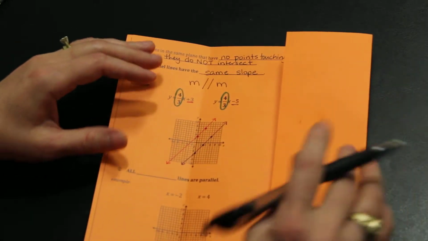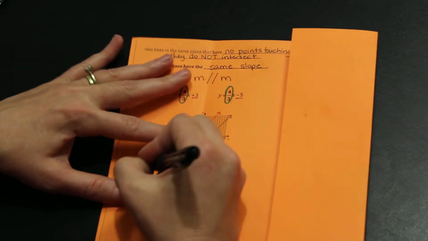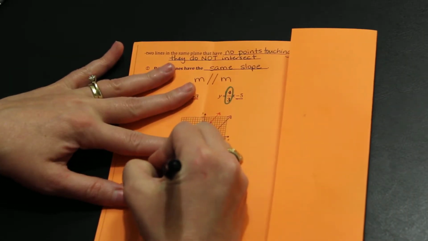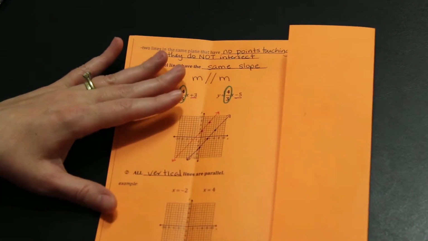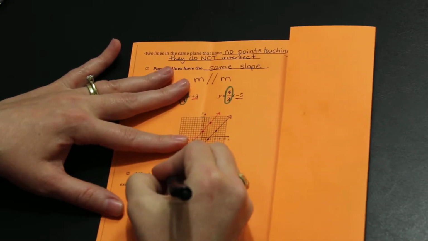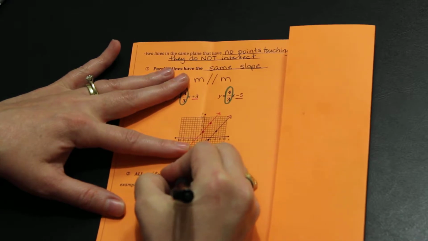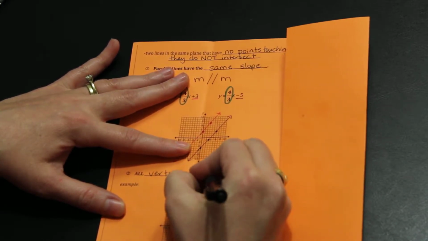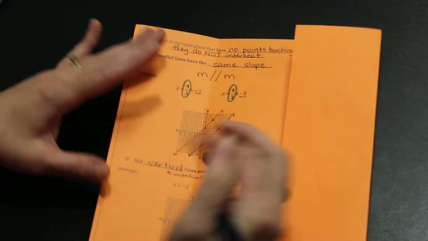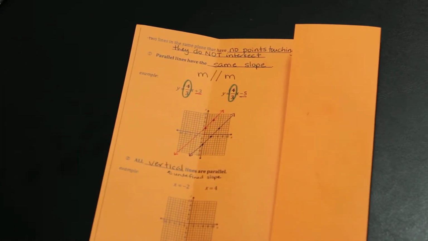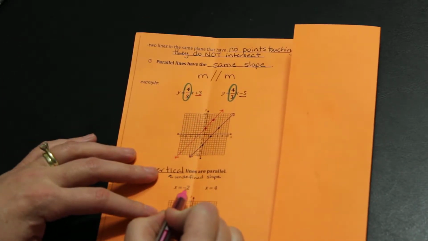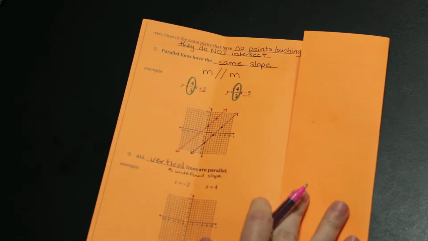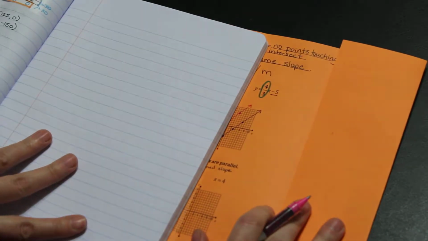Okay, the second thing to note about parallel lines is that all vertical lines are parallel. Remember, vertical lines have an undefined slope. So taking a look at this, if I was going to graph x equals -2, I'm going to draw a line where x is -2.